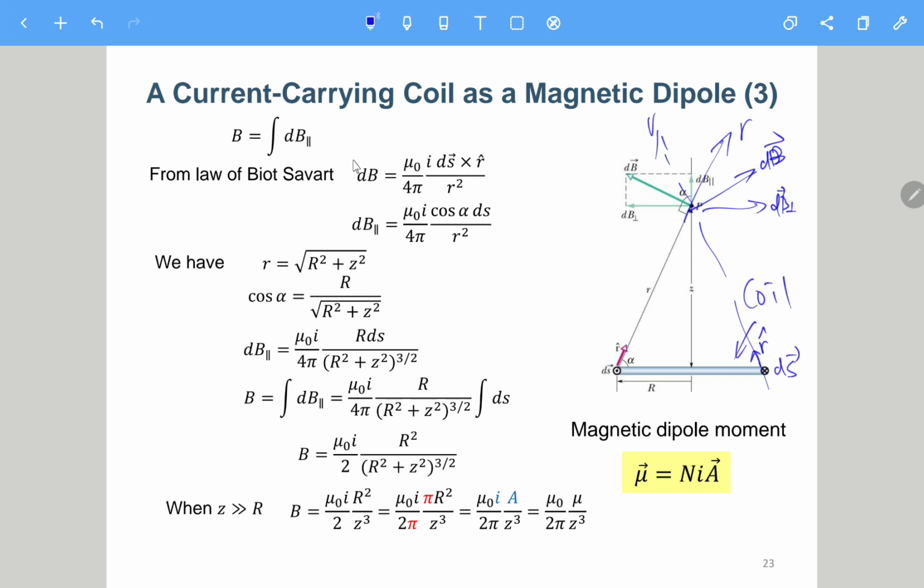Here we start from the Biot-Savart law. dB equals mu 0 over 4 pi, I ds cross r hat over r squared. Then dB parallel is this one times the angle alpha.